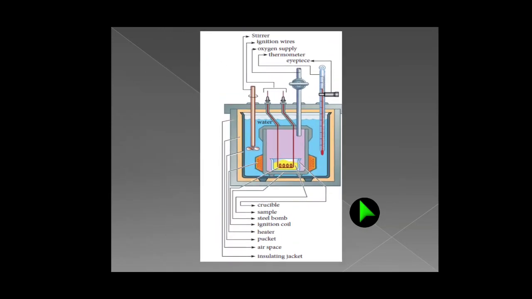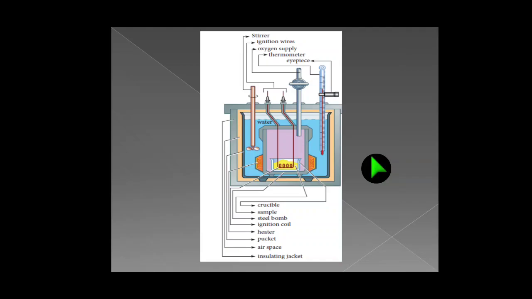Let us see the del U measurement, internal energy. For a chemical reaction, heat evolved at a constant volume is measured in a bomb calorimeter. First, look at the structure of the bomb calorimeter.